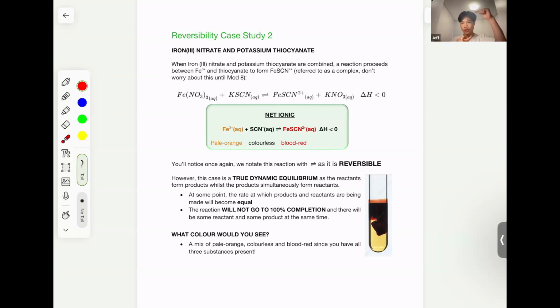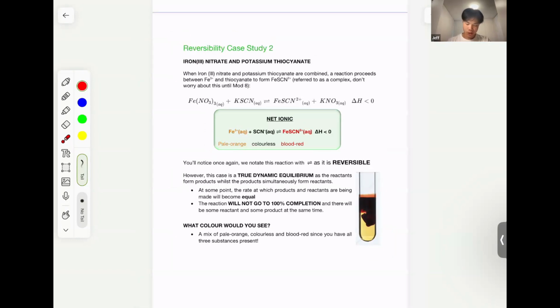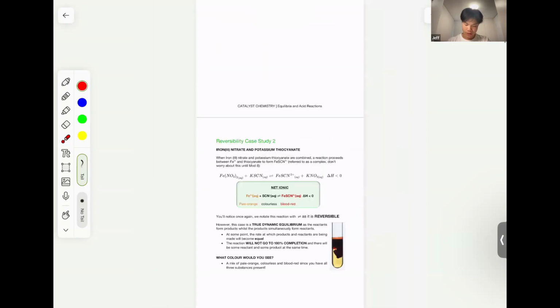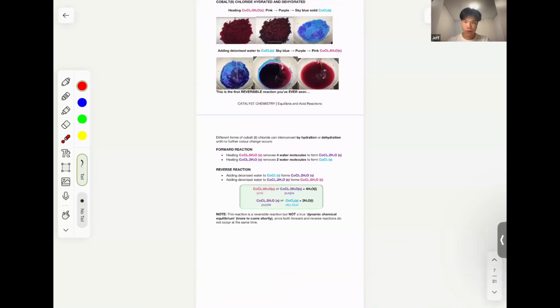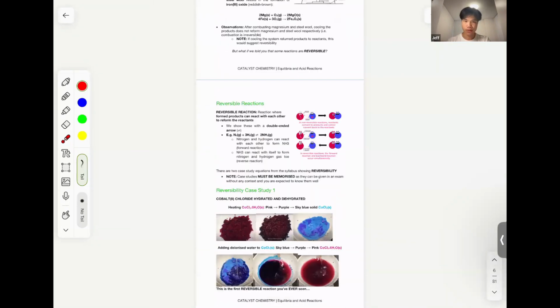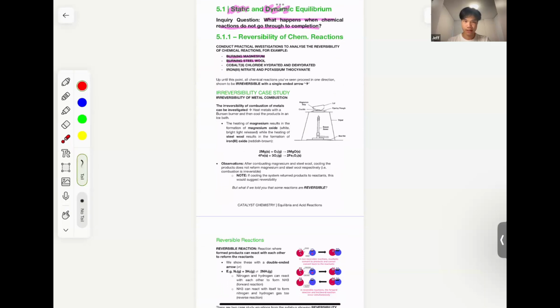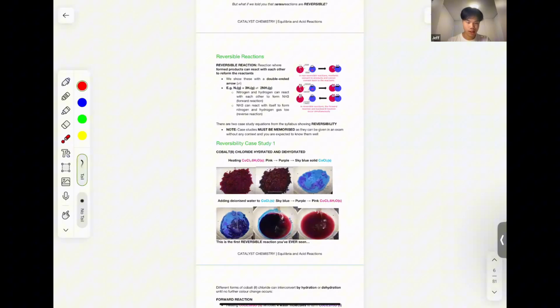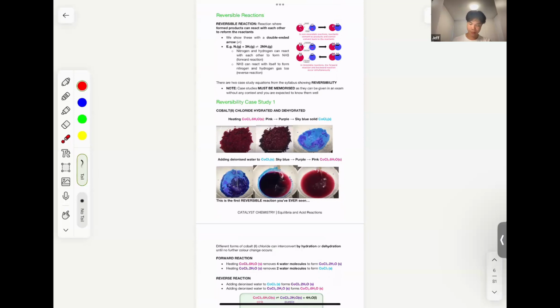So because you have a non-zero rate of reaction with a bit going forward and a bit going back, that then is a dynamic equilibria where the rates become equal at some point. Okay. Any questions on the first 4 case studies? Just as a quick overview. And throughout today, make sure any questions, just ask them.